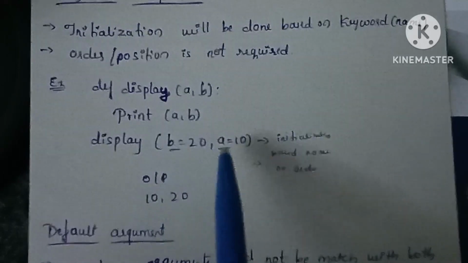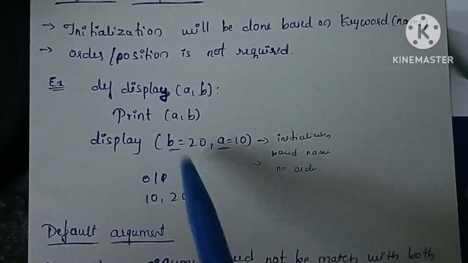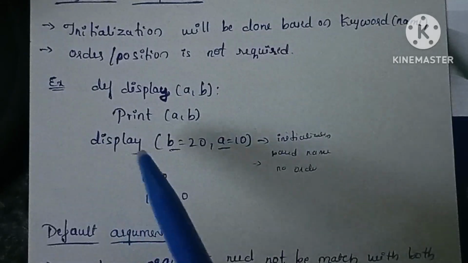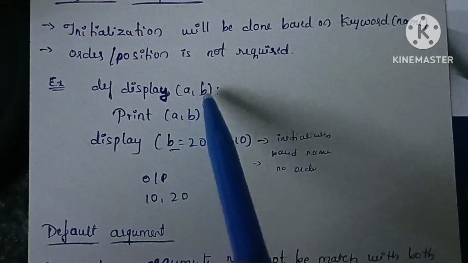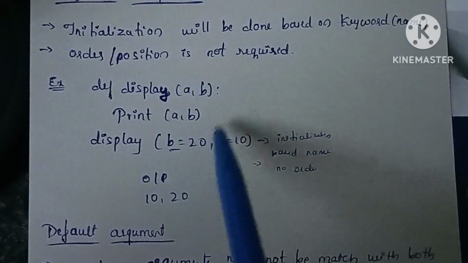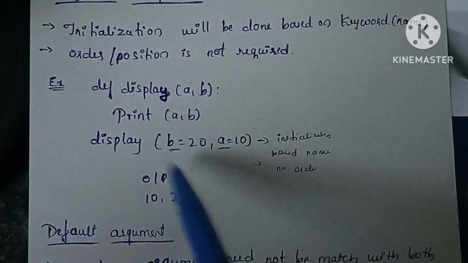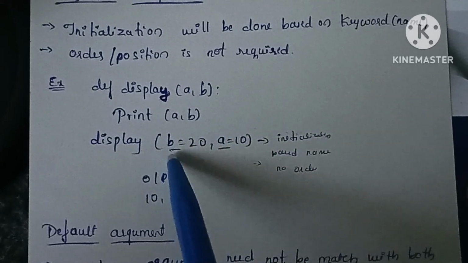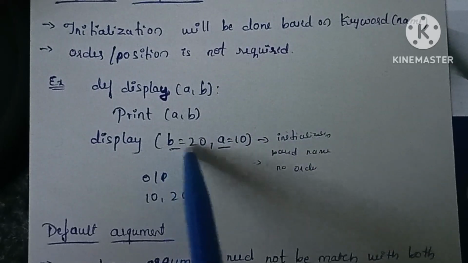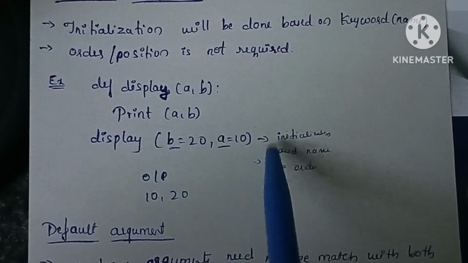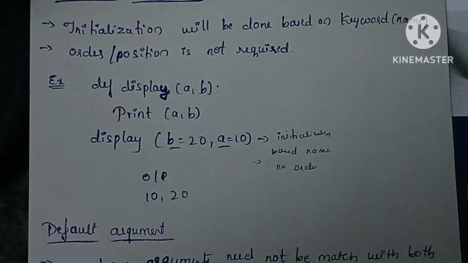See, b equal to 20, a equal to 10. This is the keyword argument.